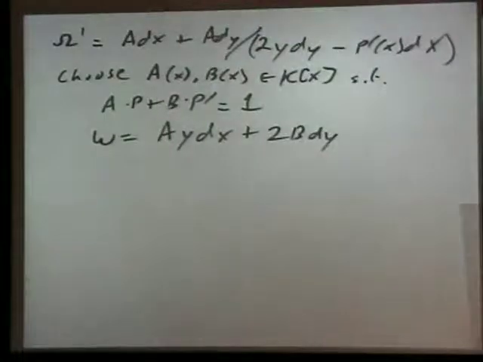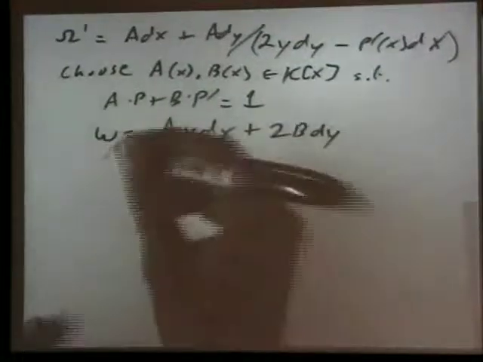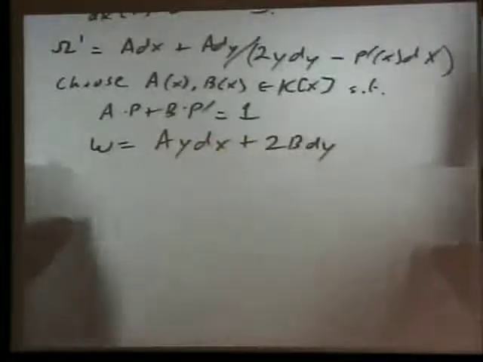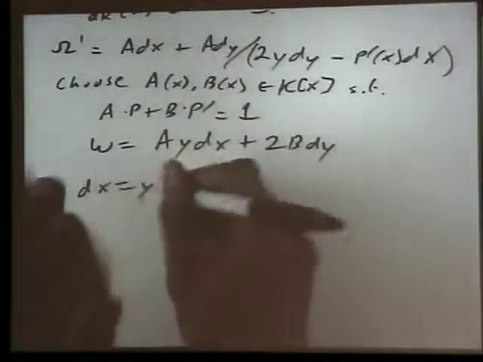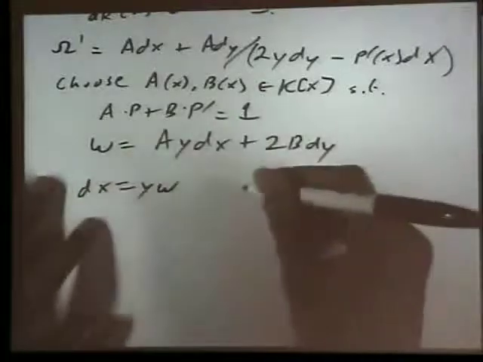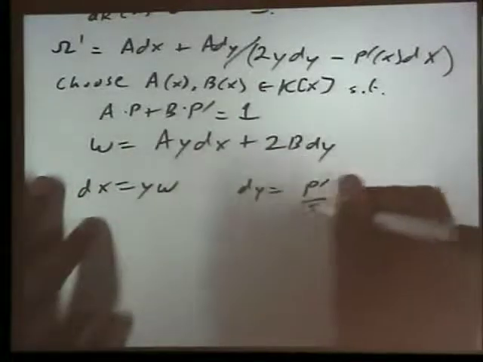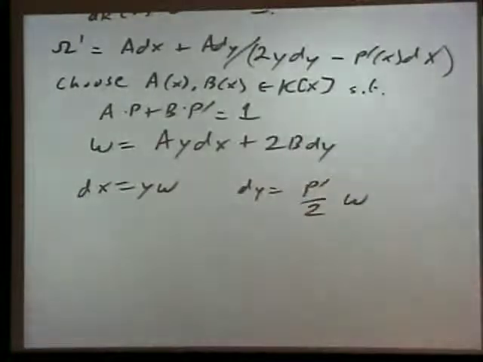Now, the reason I did this is because I can rewrite everything in terms of omega. So dx is just y times omega, because I get to mod out by p, and dy is p prime over 2 times omega, if I did this right.